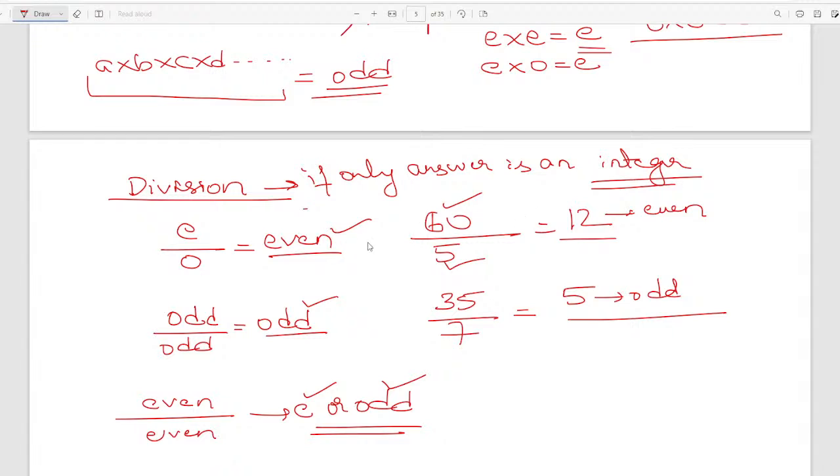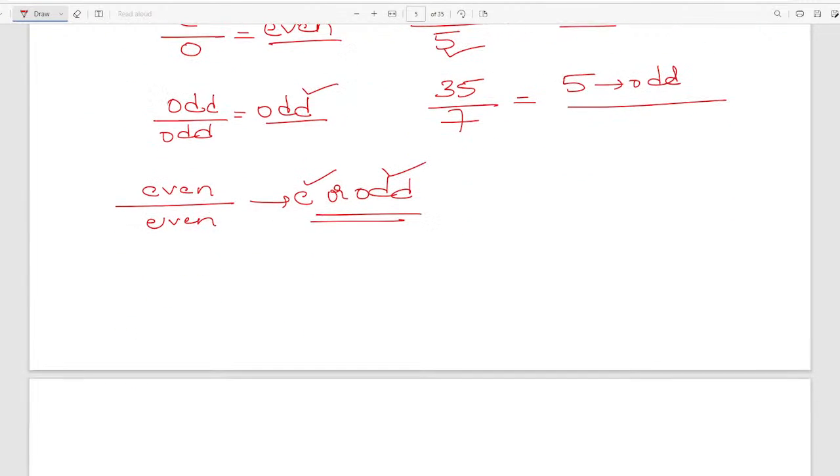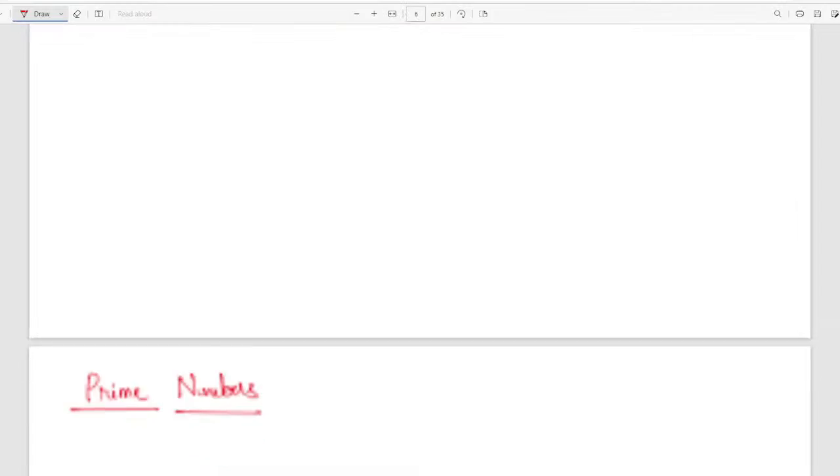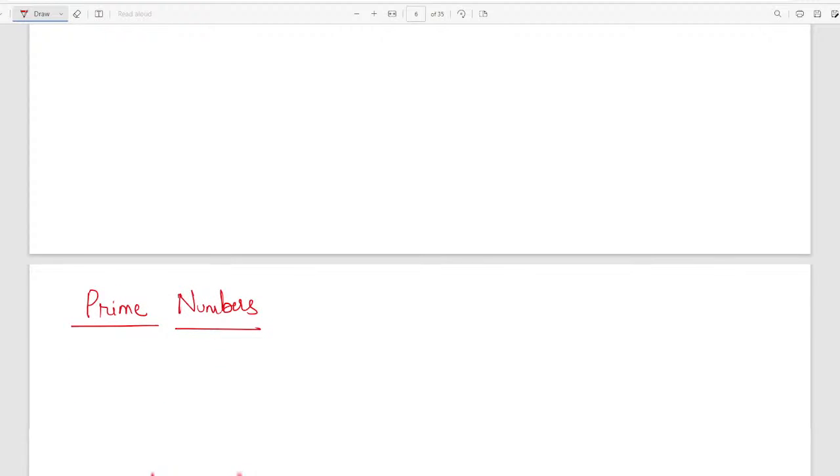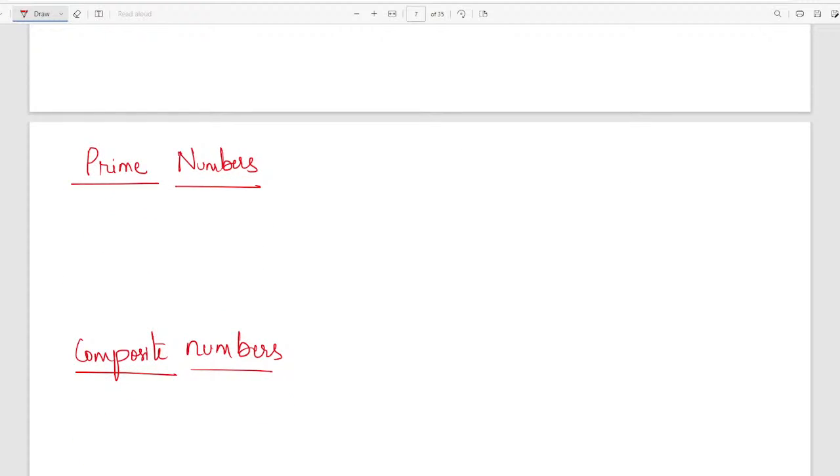This is only if the answer is an integer. Is this clear? Shall we move to the next part? Okay. We move to the next part.